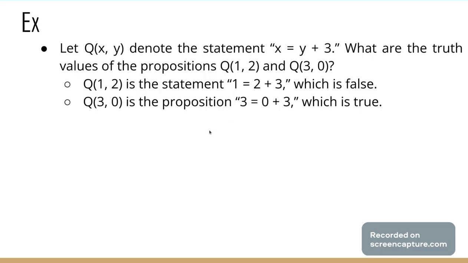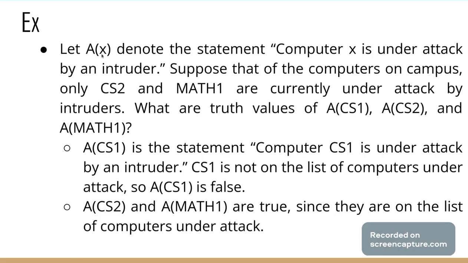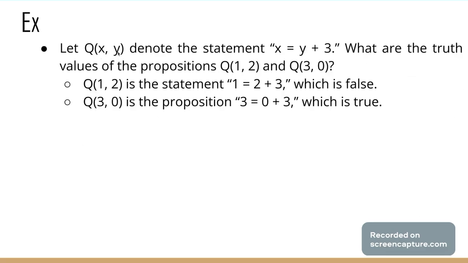So far we had seen a single variable predicate. Now we are going to look at two variables, three variables, and so on. Here we have the predicate Q(x, y). There are two subjects, x and y, and this denotes the statement x is equal to y plus 3. What is the truth value if x is equal to 1 and y is equal to 2?